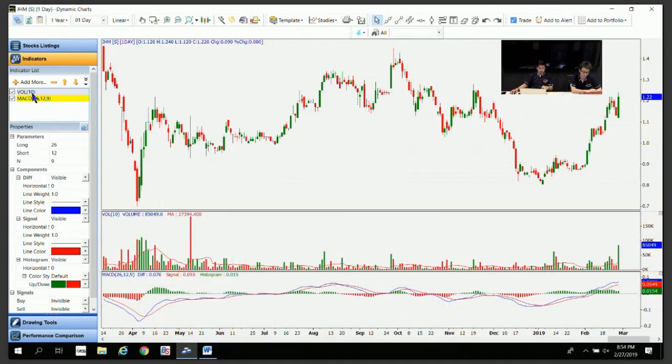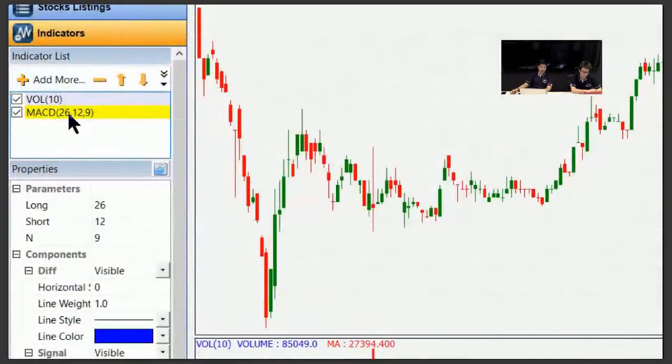Okay, let's see over here at MACD. You can see the parameter is 26, 12, 9. The short is 12, the long is 26, and the signal is 9. So this is the standard parameter for MACD. But for Mr. Nicholas, I'm sure you guys have heard, he used, if I'm not mistaken, 11, 16, 9, something like that.